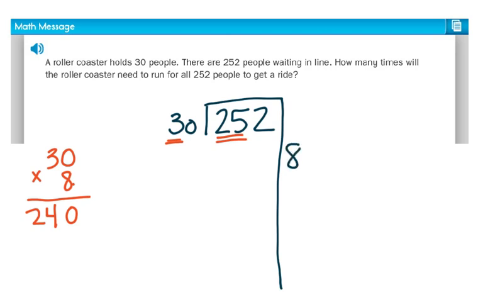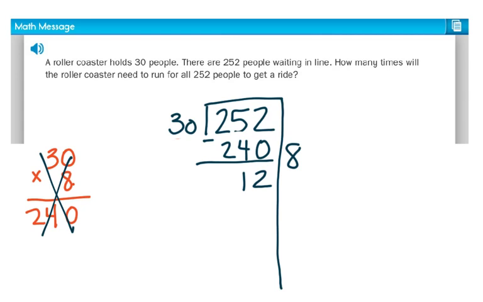8 times. And we just figured out that 8, which is just an extended fact, 8 times 30, we didn't even need to do this, right? 8 times 3 is 24 with 1 0 behind it. Go ahead and subtract on your whiteboard. Okay, can 30 go in there again?